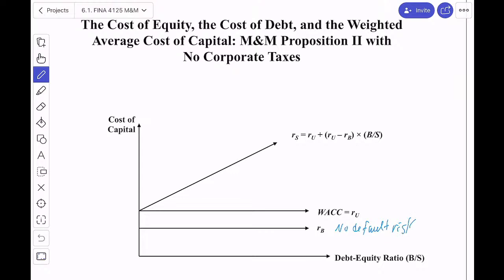So bondholders or prospective bondholders aren't worried about default risk. The firm's going to exist forever with perpetual cash flows. So they don't require a higher rate of return to compensate for that additional risk. So this is going to be flat.